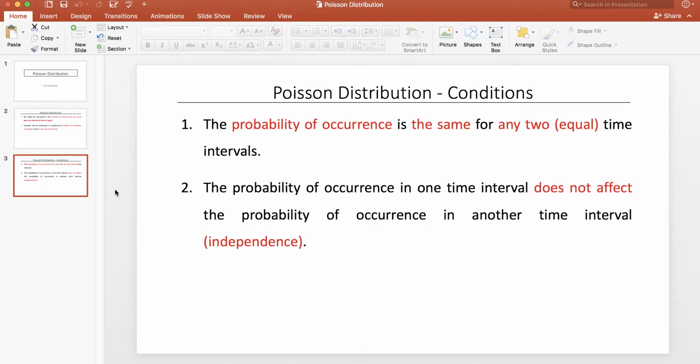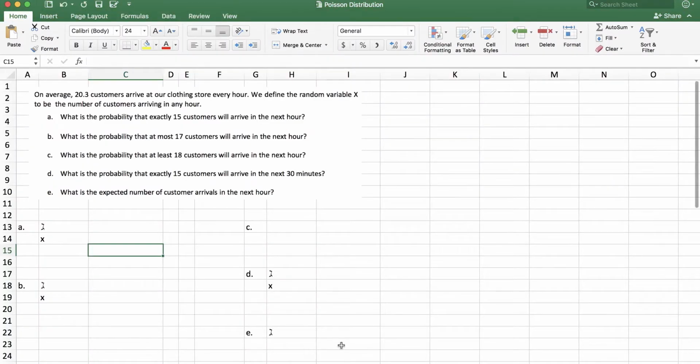These two conditions must be satisfied to be able to talk about a Poisson distribution. Again, the two key parts are a time interval and the number of occurrences.